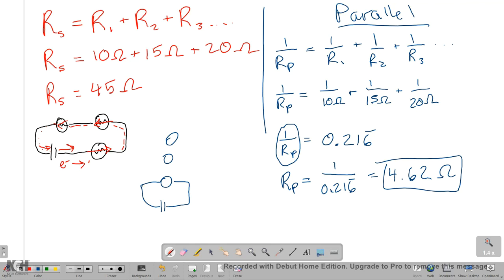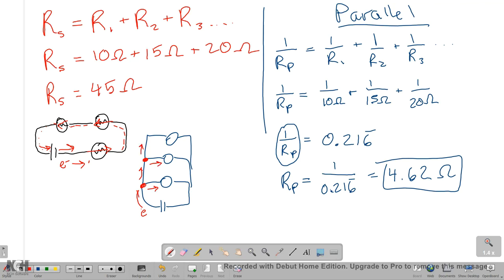Okay, in the parallel circuit we have branches, right? So say the electrons are traveling this way. When they get to this point, they can either go through this branch or they continue this way. When they get to this point, they go through this branch or they continue this way.